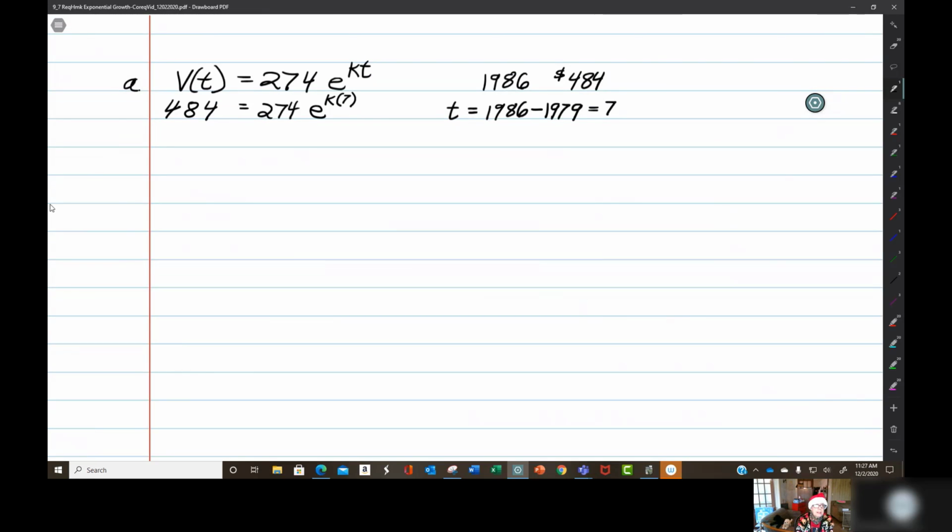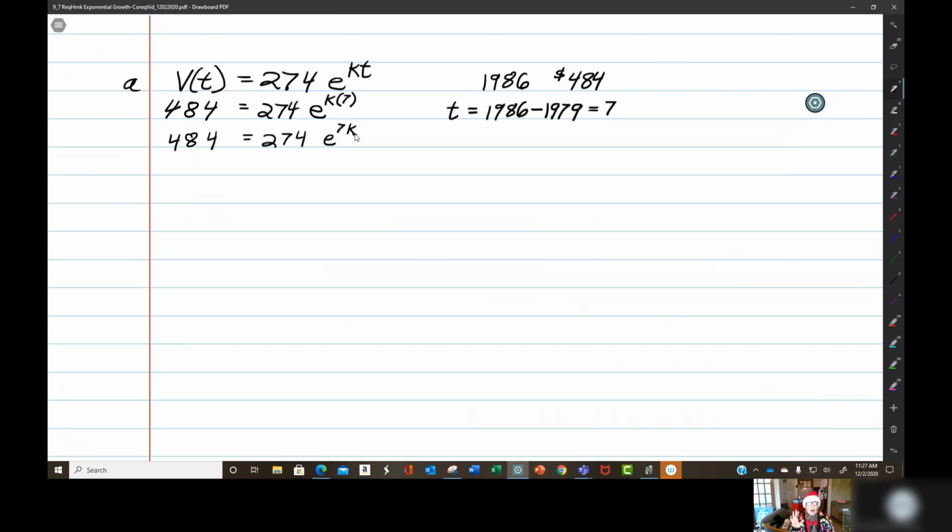And a better way to write this, probably, is 484 equals 274 e to the 7k. And we're trying to find k. K is acting like x right now. We need to solve for k.